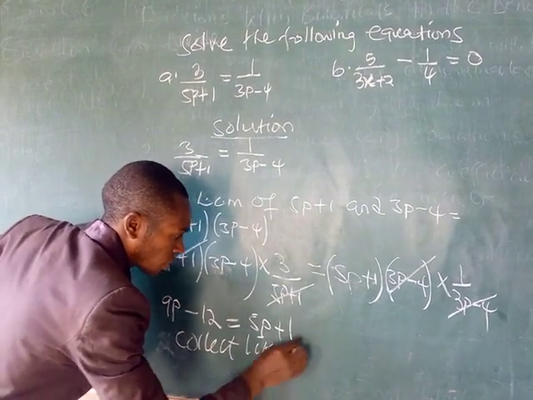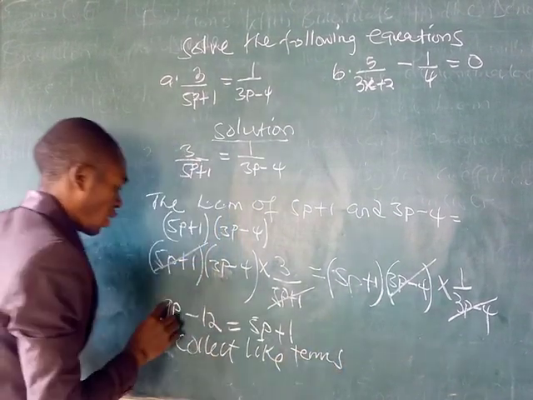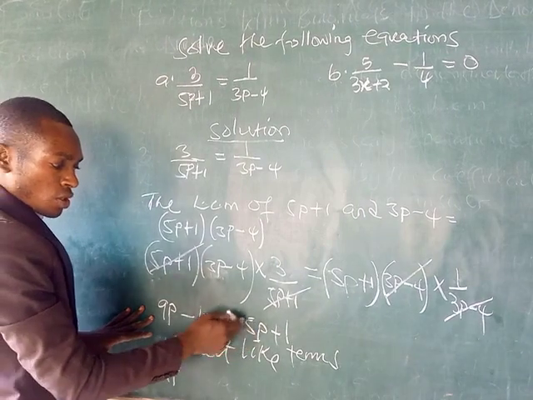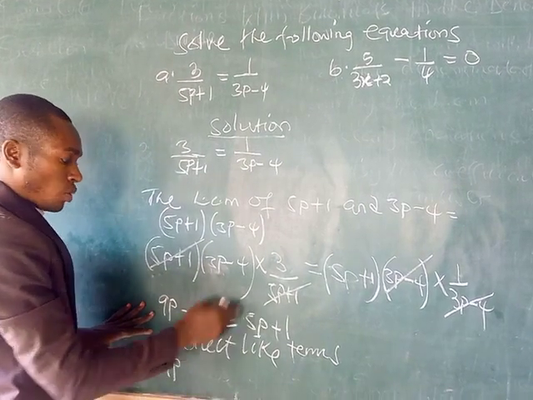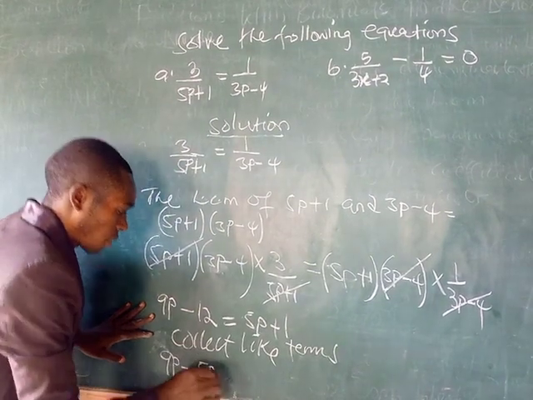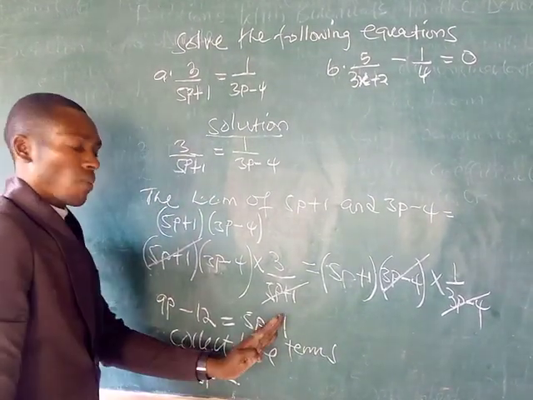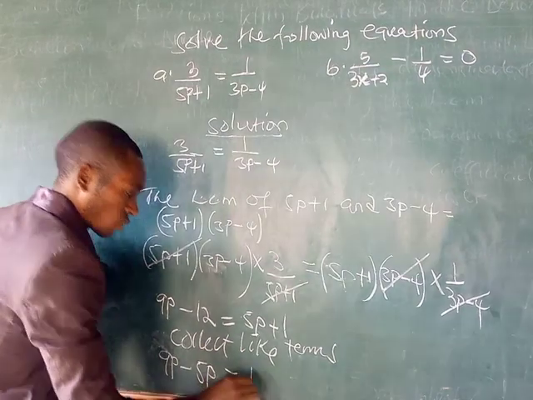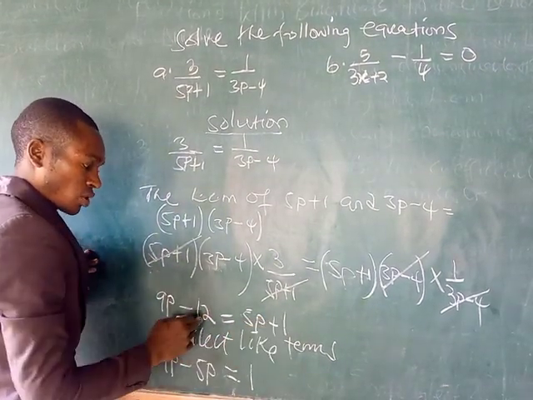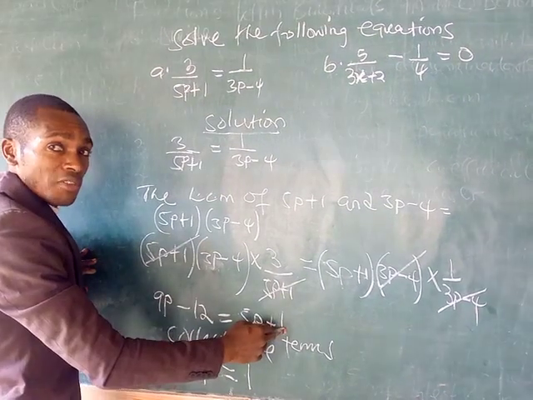Rather, collect like terms. So we have 9p, this is the same thing as plus 9p. Crossing the sign of equality to this side, 5p becomes minus 5p. Equal sign. Then we'll come back here, write 1, which is the same thing as plus 1. Minus 12 is the same thing as this because these two numbers do not have any alphabet.